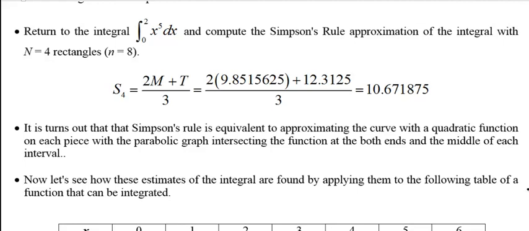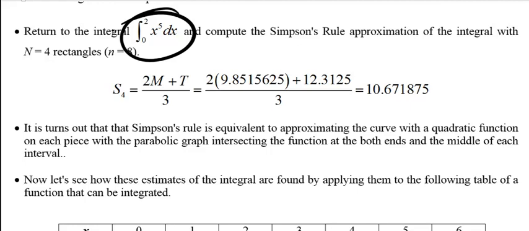So, using our estimates from above, we knew the midpoint for this integral, so we're back to the integral of x to the 5th dx, integrating from 0 to 2. So n equals 4 rectangles. I'm going to call that S4. Most books would call that S8.